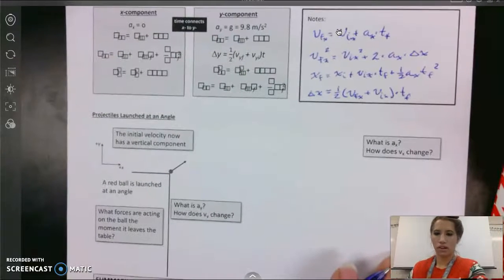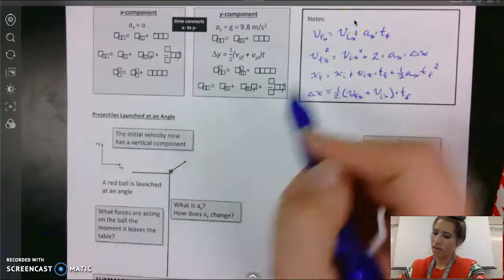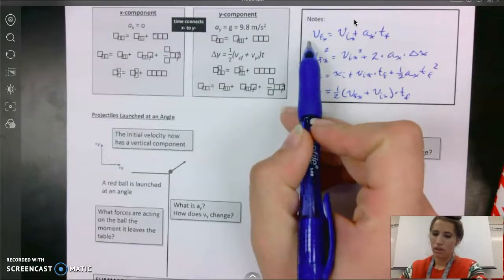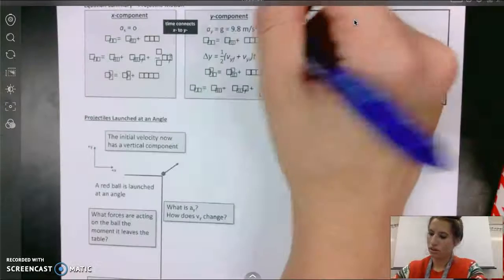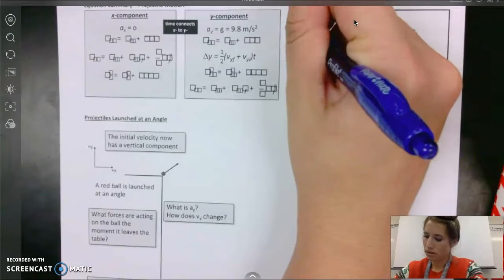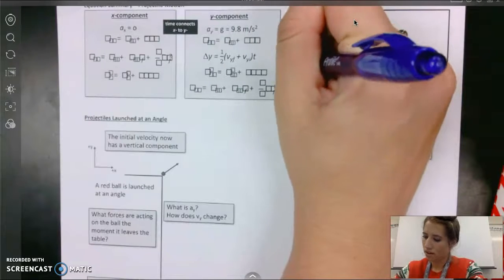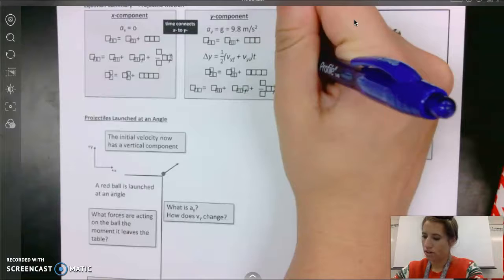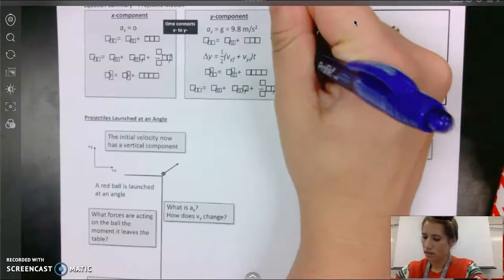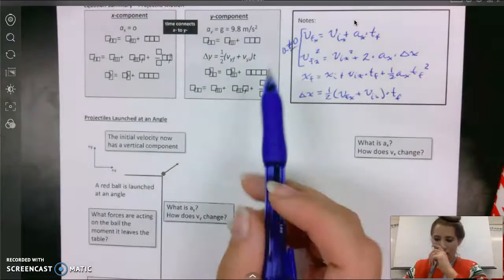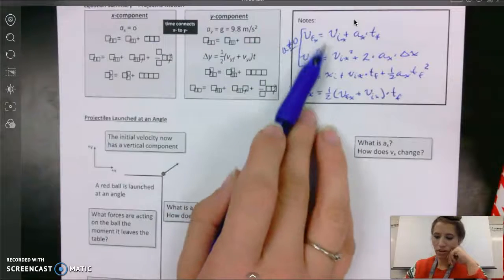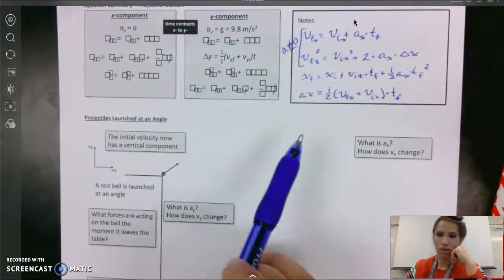A couple things to keep in mind. The top 2 only work if acceleration is not equal to 0. If the acceleration is equal to 0, then we're unable to use these equations.